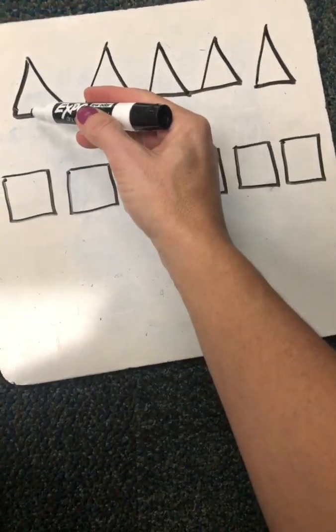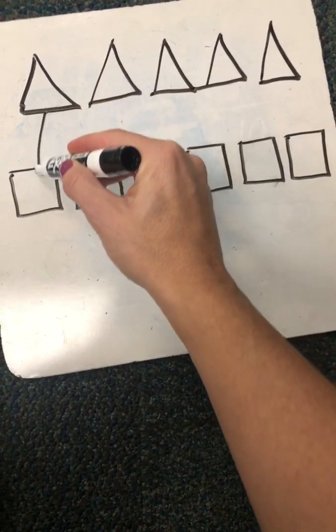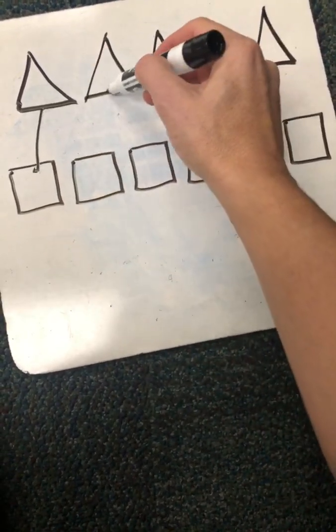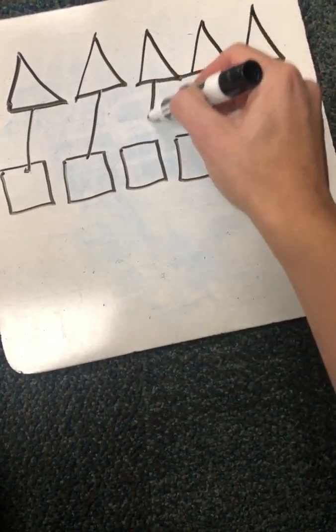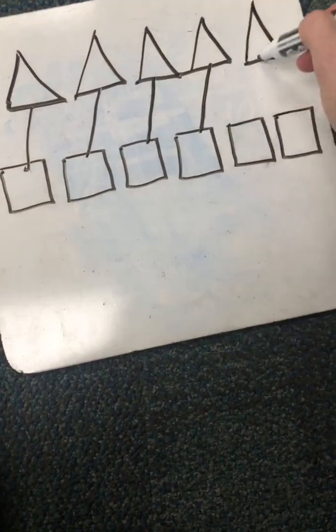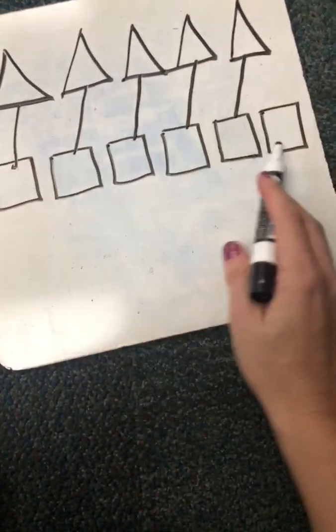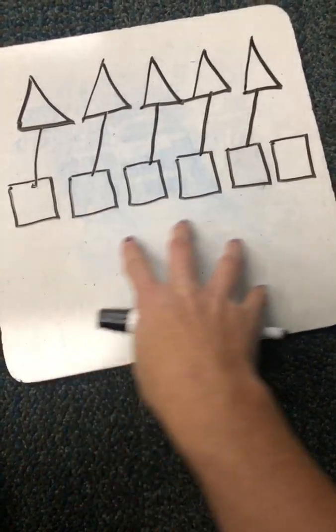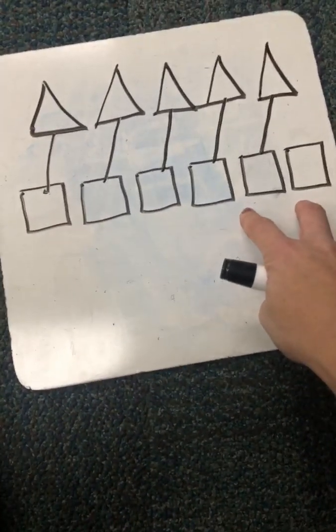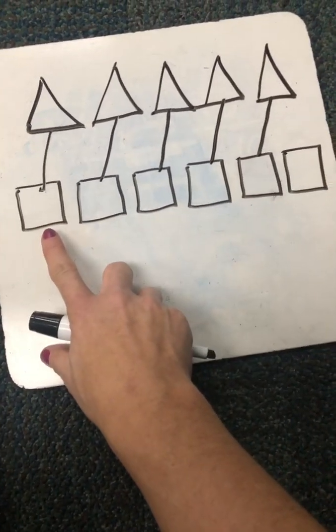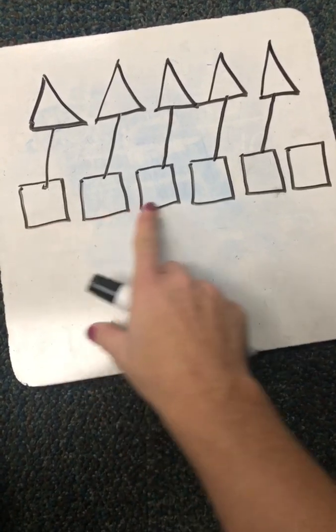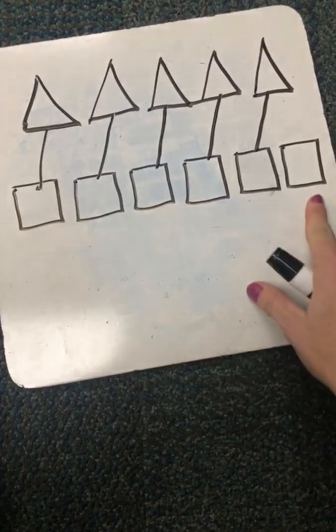So I'm going to take this first triangle and match it up with that square and keep matching. Oh, I don't have a triangle over here to match up. So the group of triangles and the group of squares, I think the group of squares has more. Let's count and find out to make sure we're right. 1, 2, 3, 4, 5, 6.